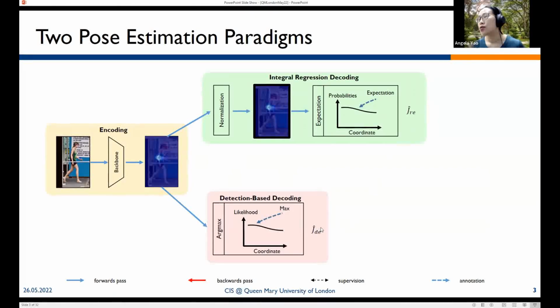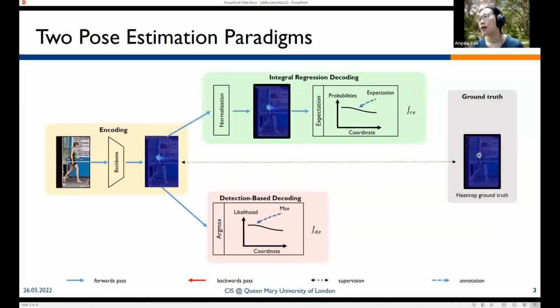And to supervise or to learn this then, you either have a ground truth heat map, which is generated from the ground truth joint coordinates. And so this is what's used to supervise the detection-based paradigm. And you pass your gradients back through to the backbone to learn your overall pose estimation network.